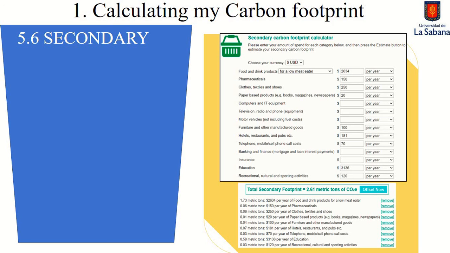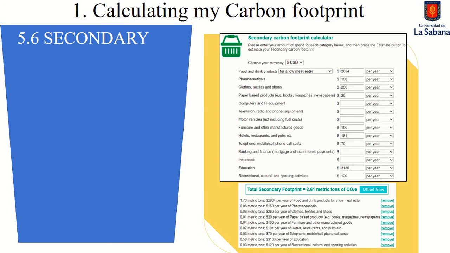Secondary, according to sections 4.7 and 3, I will become a low meat eater. I also promise not to eat gluttony and at least save $120 every month. I will cut the purchase of clothes, textiles and shoes in half, the cost for technological equipment is reduced to 0, and I will cut restaurant, hotels, and pubs expenses in half.